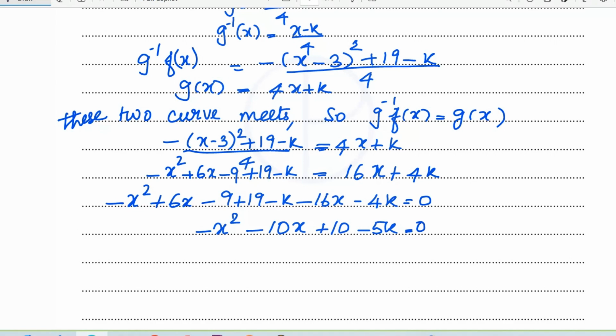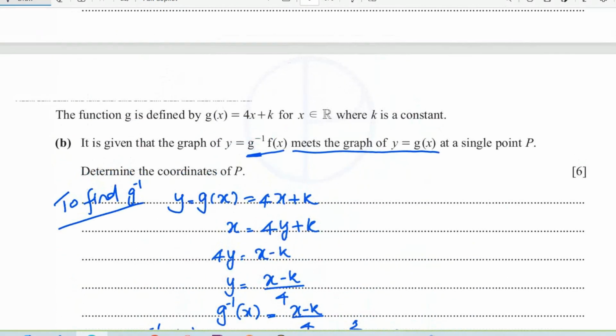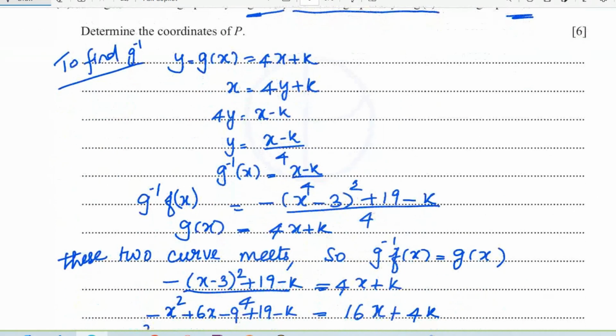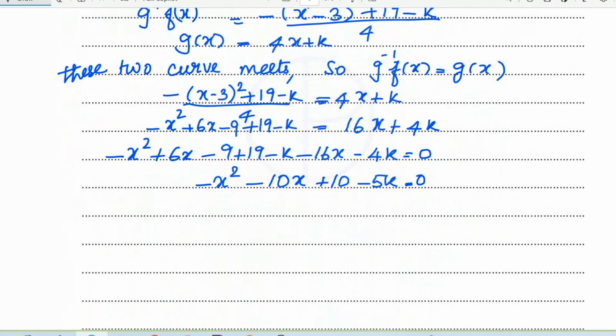So it's given these two curves meet at a single point P. So b square minus 4ac is equal to 0, since it meets at a single point.